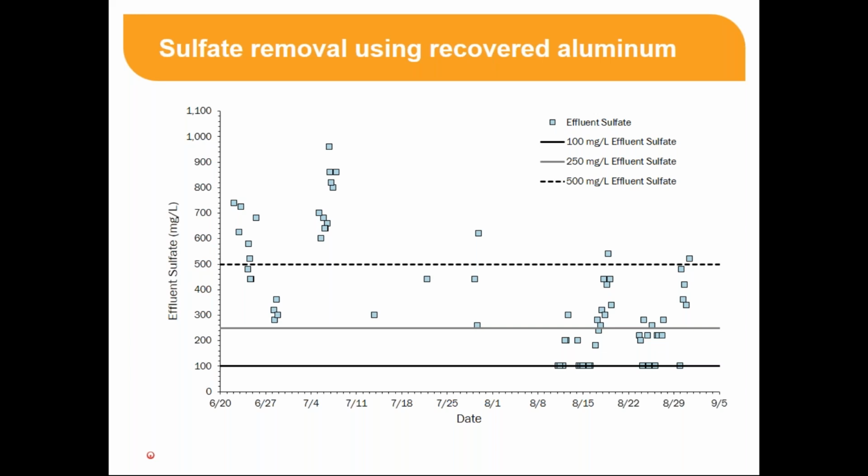Because of the low calcium to sulfate as well as aluminum to sulfate ratio, we produced a high amount of sulfates in the effluent. As we increased the chemical dosage and also the recirculation ratio, we were able to reduce the sulfates to less than 250 milligram per liter. As the pilot study settled down, we were able to get good effluent sulfate limits.